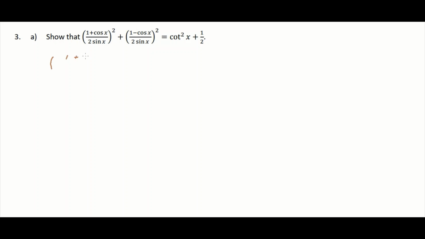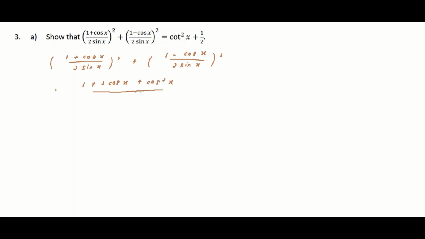Okay, (1 plus cos x) over (2 sine x) squared plus (1 minus cos x) over (2 sine x) squared. Let's continue. Maybe we need to expand in this case. So 1 plus 2 cos x plus cos square x.